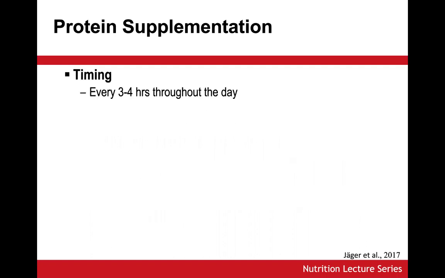Timing with protein is very important, because you want to try to target when the body needs it for repair. So again, you want to spread your dosing throughout the day with intervals every 3 to 4 hours. Post-workout, you want to try to take one of those doses immediately post-workout.